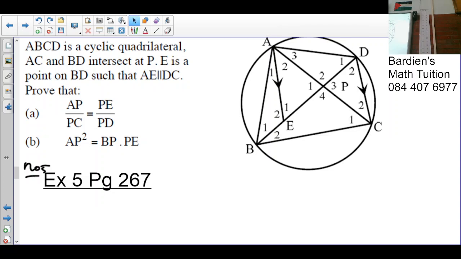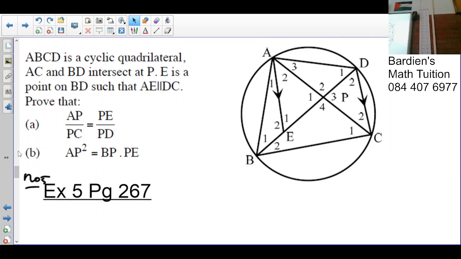Okay. So we are told that ABCD is a cyclic quadrilateral. So if ABCD is a cyclic quad, what do we know? What can be concluded from that?